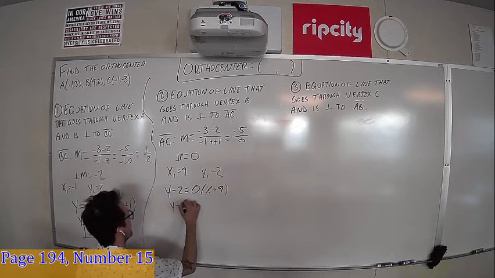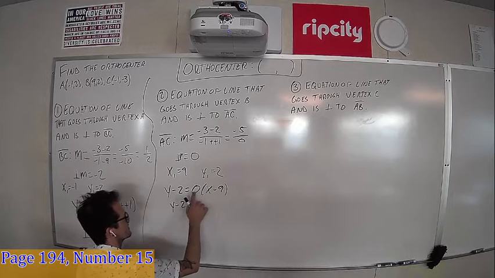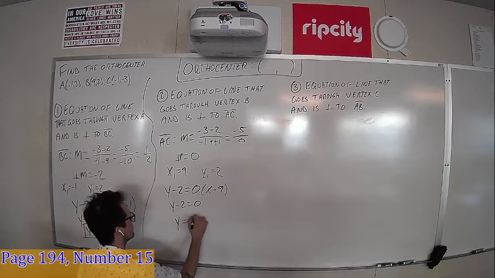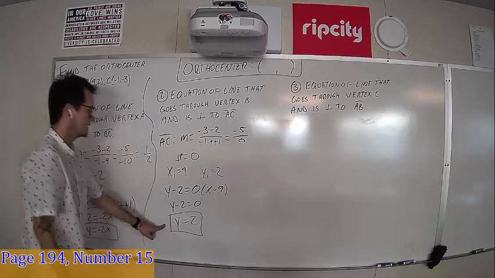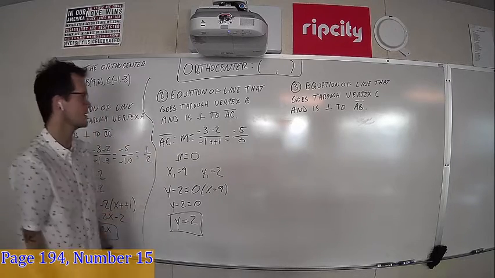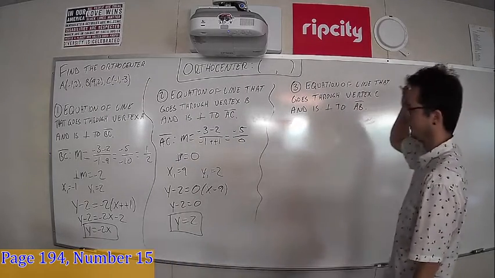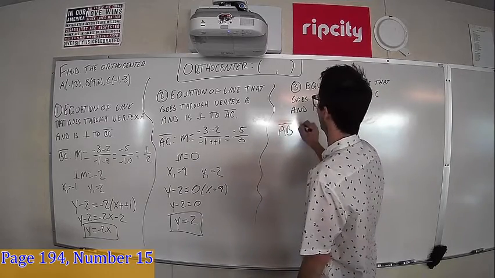So now we have y minus 2 equals, well, when we distribute the 0, 0 times x is 0, 0 times that is 0, it just ends up being 0. So the equation of this line, y equals 2. Easy peasy. I know that feels a little uncomfortable, but it is what it is. It's actually going to make things way easier for us too. Okay, third one. AB. Find the slope.